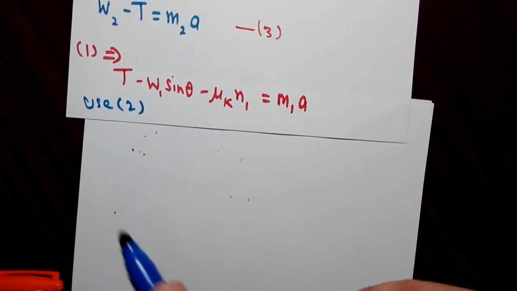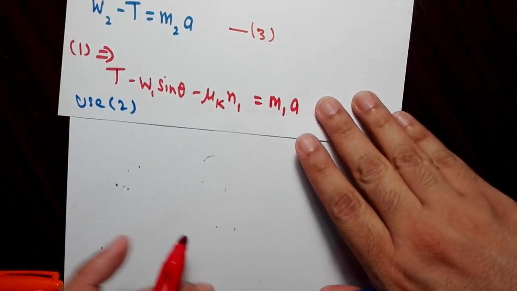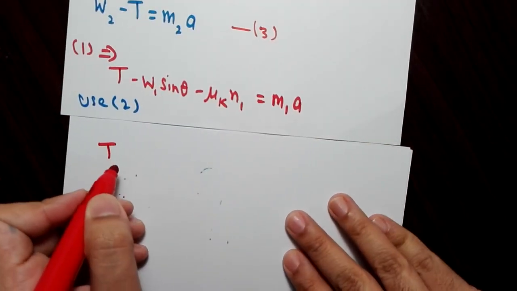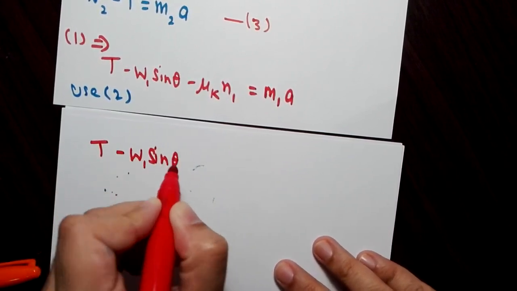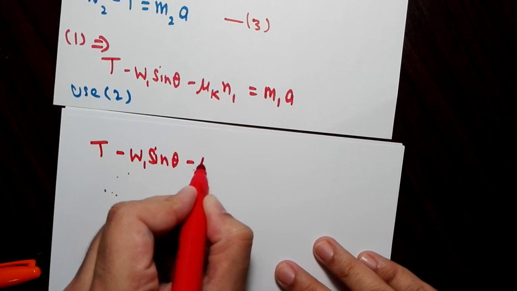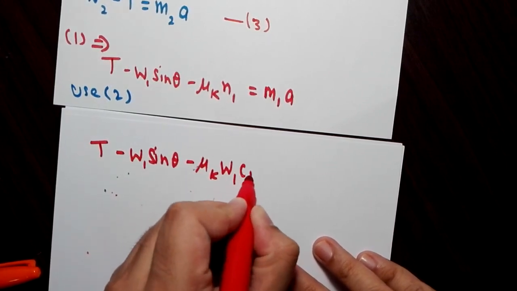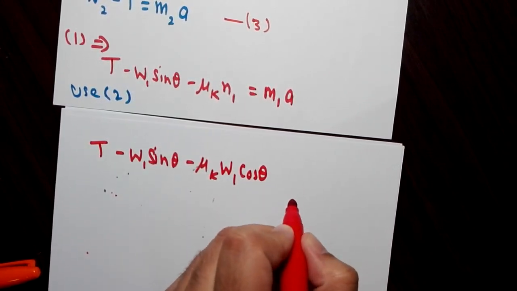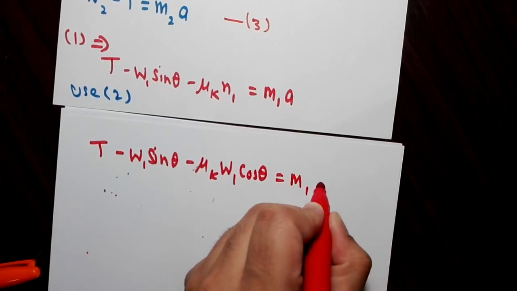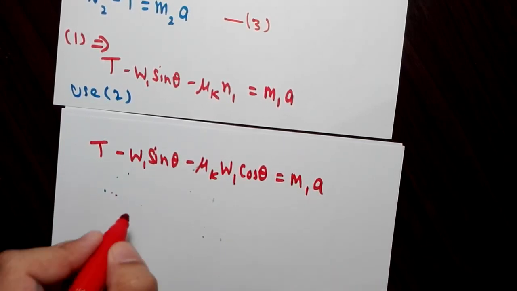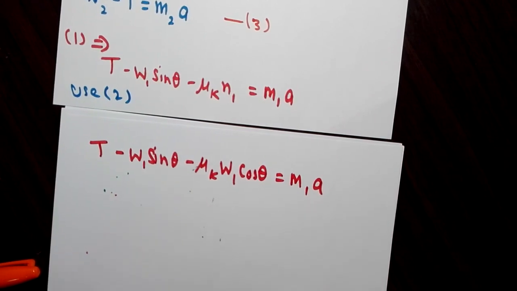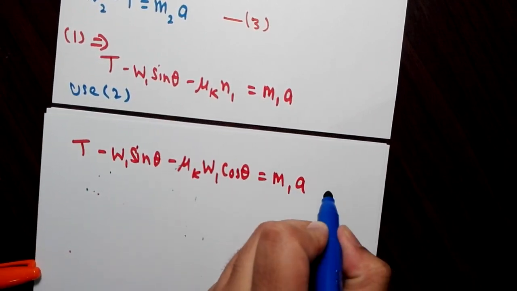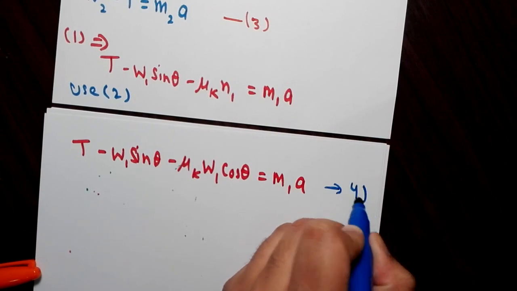So you get T minus W1 sine theta minus mu k times W1 cosine theta equals M1 a. You can call this equation 4.